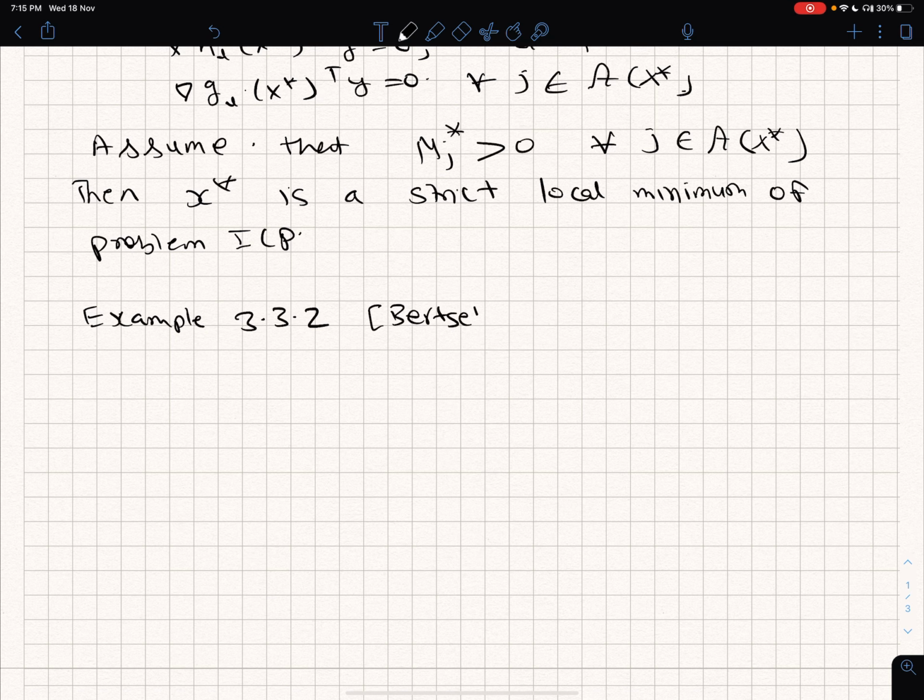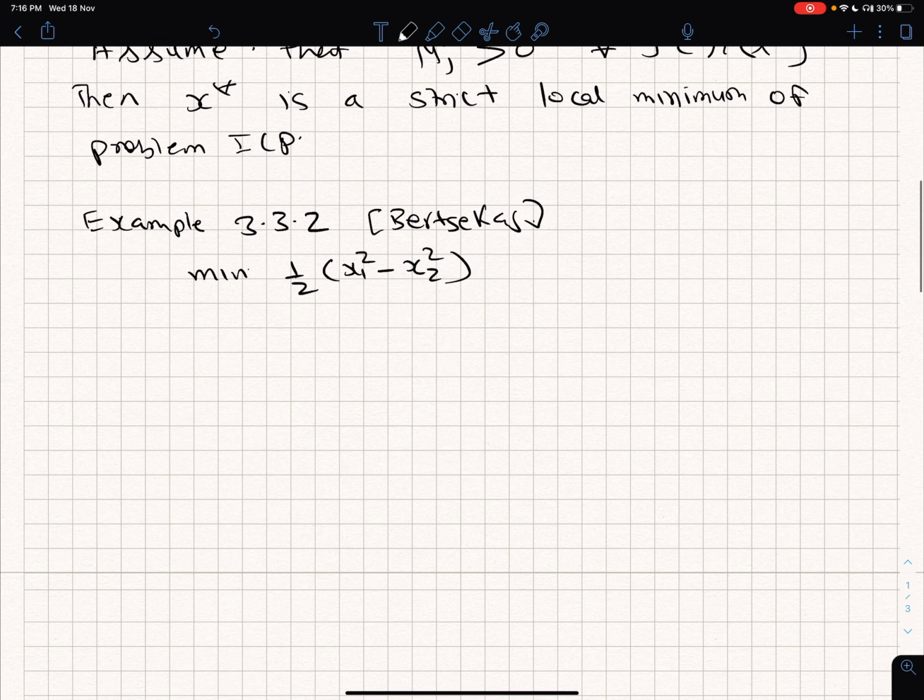Okay, so let's look at the function. This is a two-dimensional problem. Minimize half of x1 square minus x2 square subject to x2 less than or equal to 0. All right.